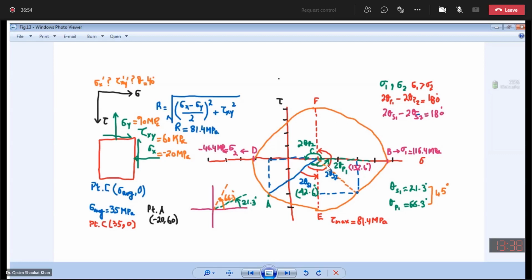So what's the value? 180 degrees plus 132.5.